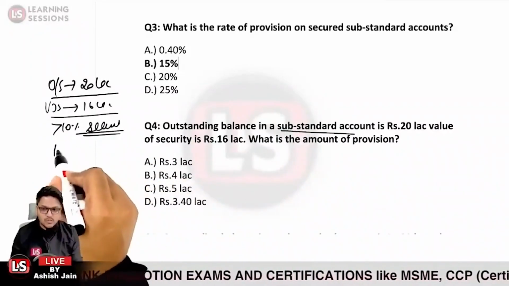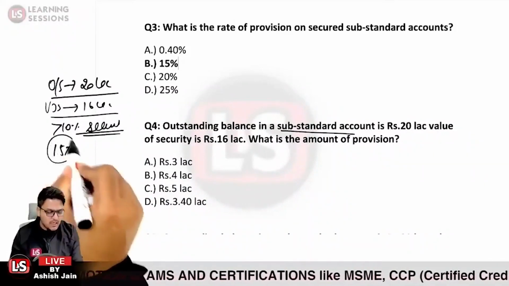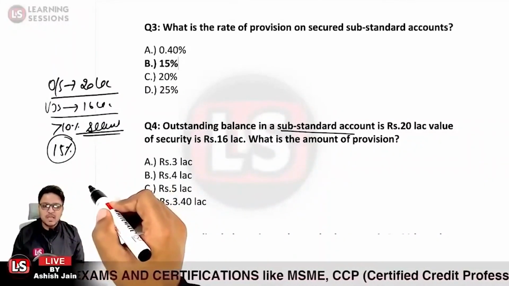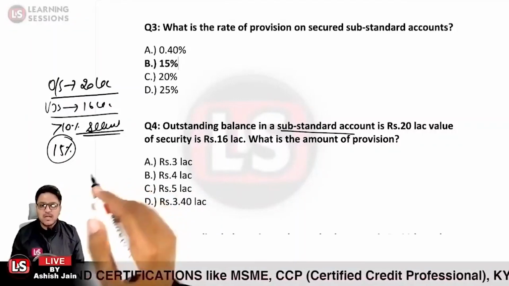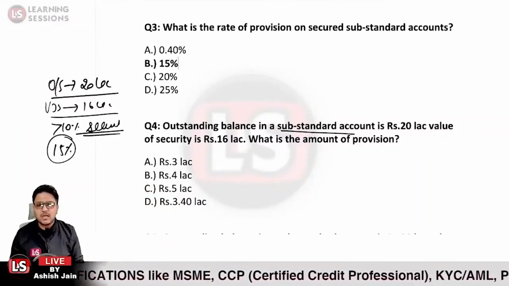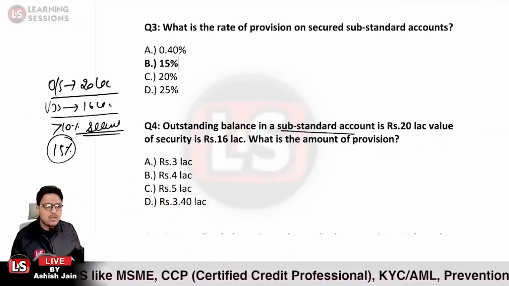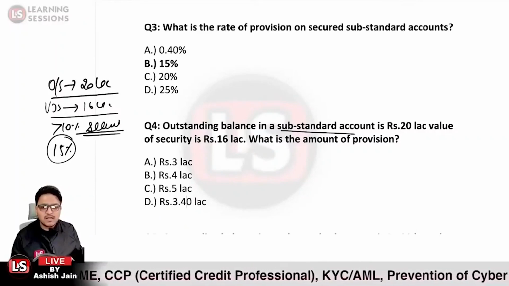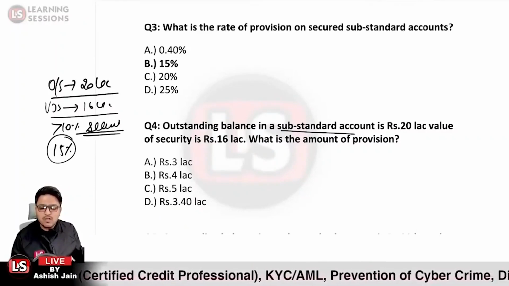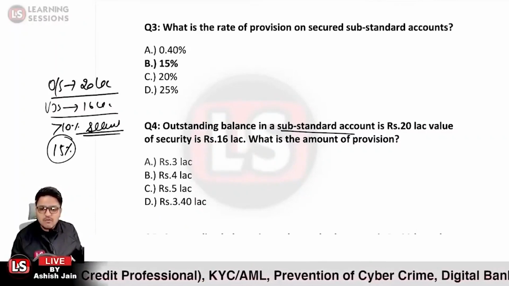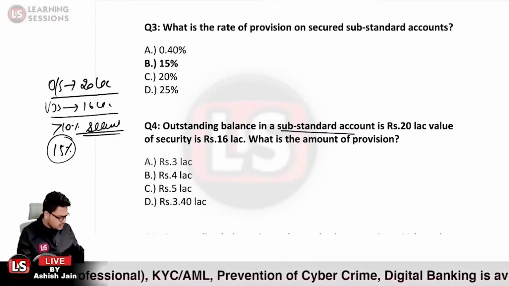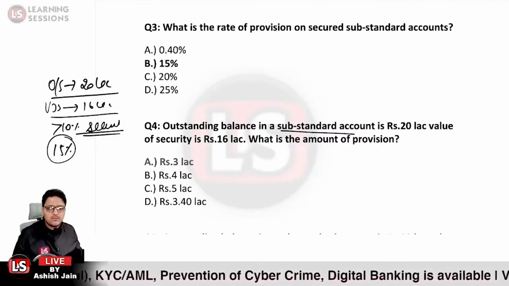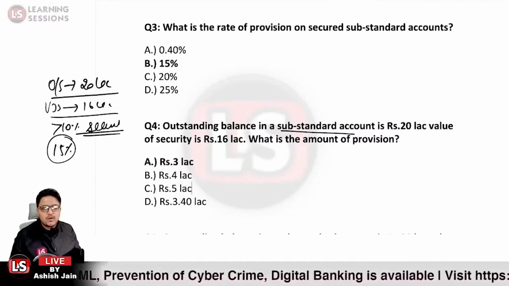So 15% provision percentage will be applicable. So the provision to be maintained is rupees 3 lakh in this particular case. So option A over here will be the right answer. So Rajiv Kumar has answered at the earliest related to question number 4, that is 3 lakh rupees.